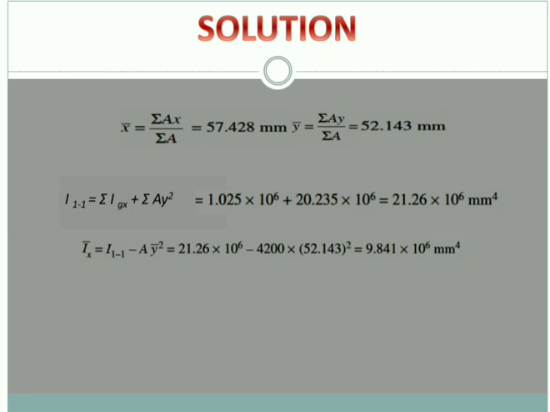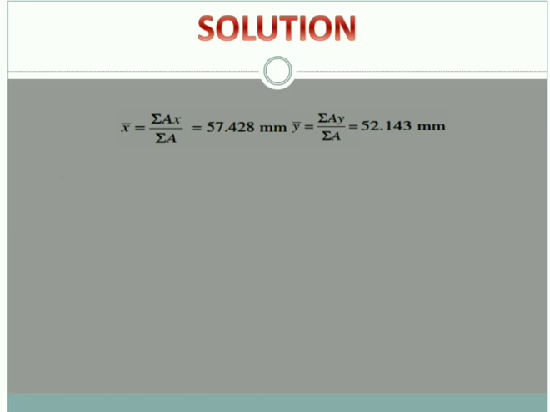Now this y bar is the centroid for the entire figure which we have calculated above. Okay, that is 52.143. So using all the values, get the moment of inertia about centroidal x axis, that is I bar x. Now the same procedure we have to repeat in the other direction.